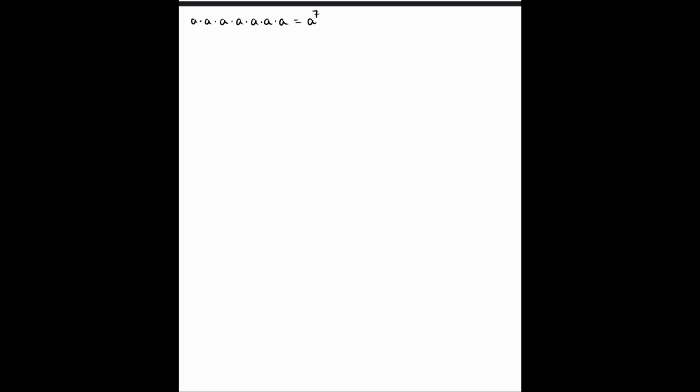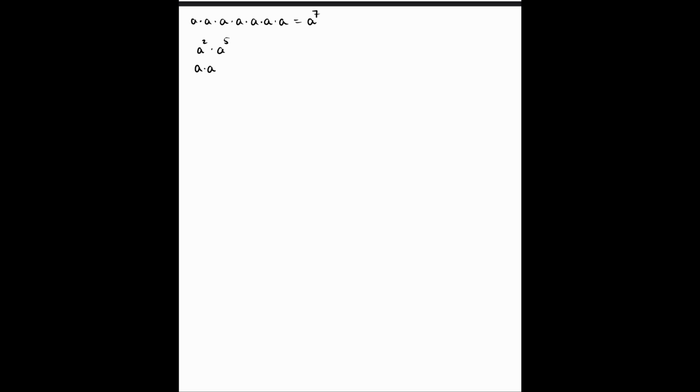So for example, what is a squared times a to the 5th? So let's see what this means. Well, we know that a squared is a multiplied by itself 2 times. That's what the squared means. And a to the 5th power is a multiplied by itself 5 times.